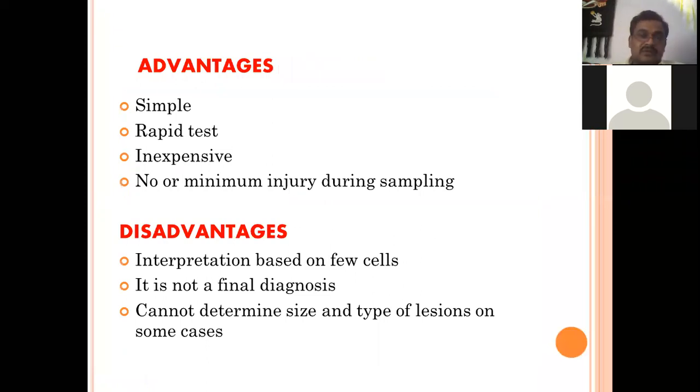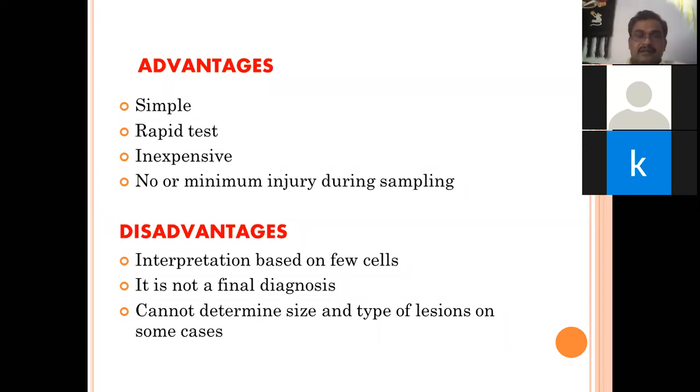There are also some disadvantages. So what is the main advantage? It is very simple. It requires minimum skill. When I say minimum skill, don't confuse that it can be done by any person. It needs skill, but not very much. Very simple skill, but it needs skill. Why is skill necessary? Because the practice of diagnostic cytopathology needs proper training of the laboratory personnel.